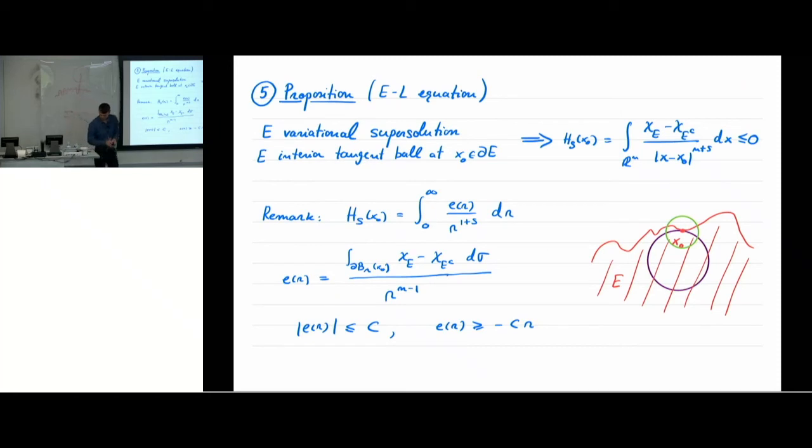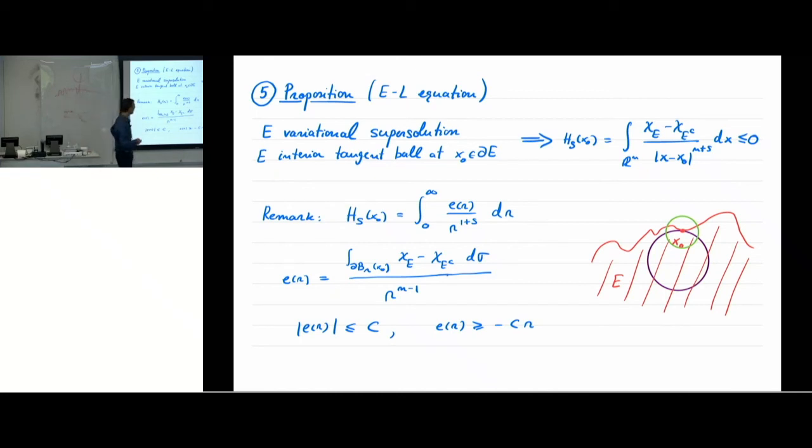So now I see I'm going a bit slower, so maybe I'm going to skip some proofs. The next thing I want to talk about is the Euler-Lagrange equation. Because there was a question, how do I understand it? The way you want to understand this Euler-Lagrange equation is in the sense of viscosity.